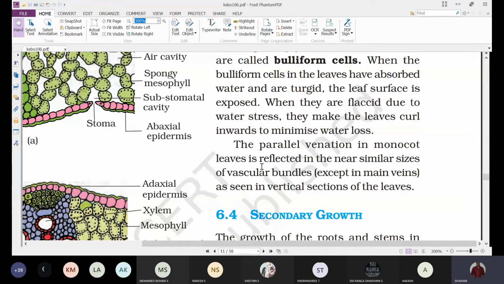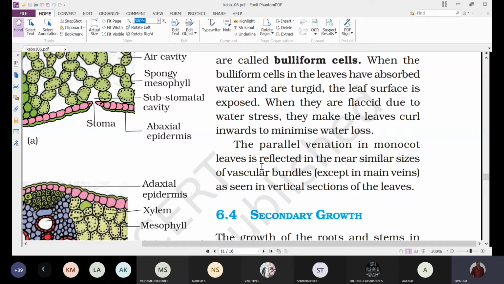As a result, the cells are turgid and help the leaf to expose to the sunlight. But when the conditions are not favorable, or when the water content is reduced, the bulliform cells will lose water. As a result, they lose their turgidity and they become flaccid. That means soft.